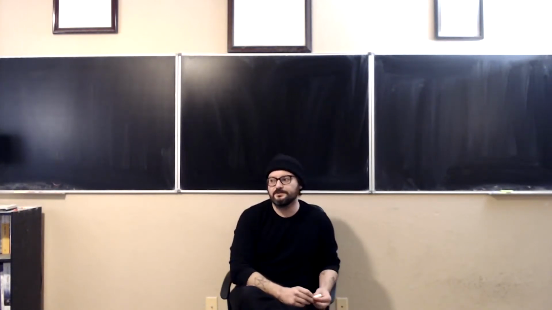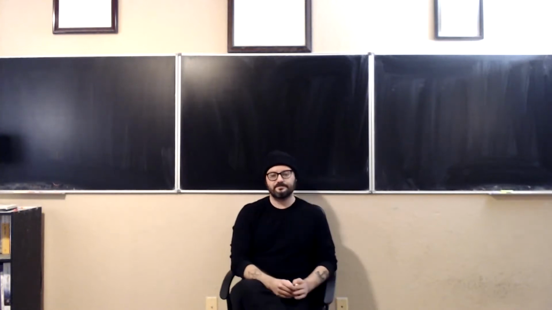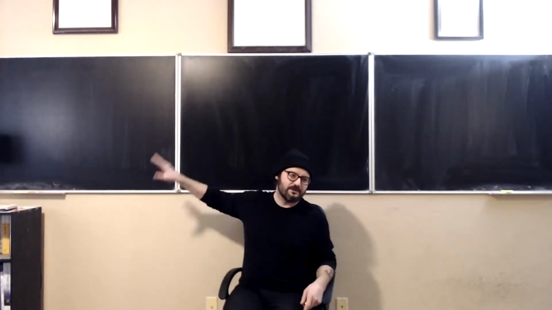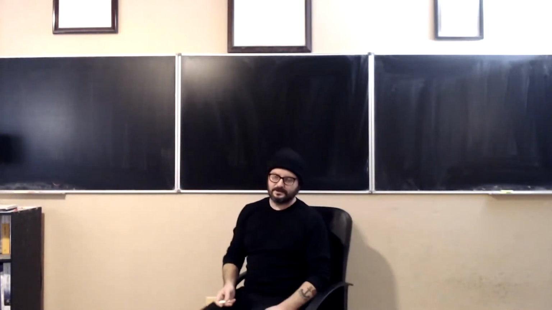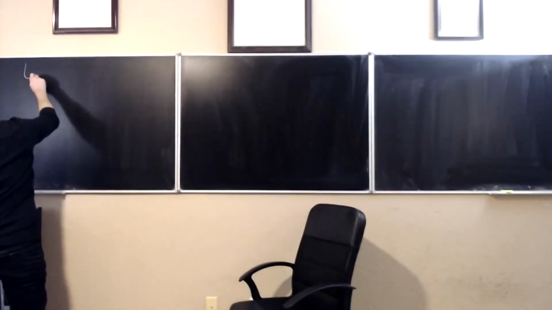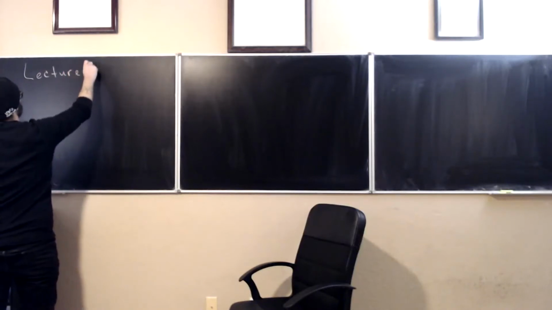So to answer the question of what discrete mathematics is and why you're in this course, I need to review a few things. And again, I apologize for having a broken leg. I'm going to be hobbling around by the board. So this is lecture 2.